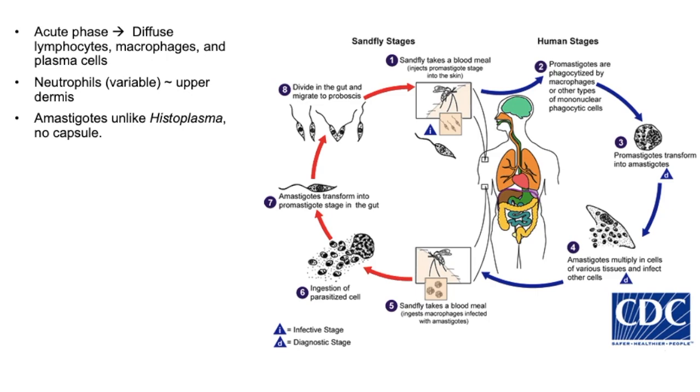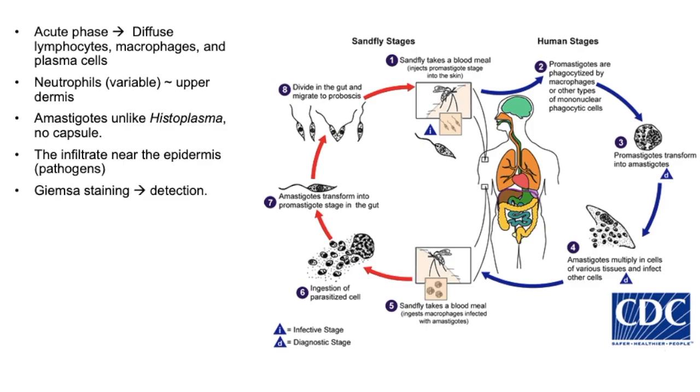This is one of the questions they like to ask on certification exams: how to differentiate between Histoplasma and Leishmania is basically by the capsule. The infiltrate is usually near the epidermis, which is where you look to find the Leishmania.